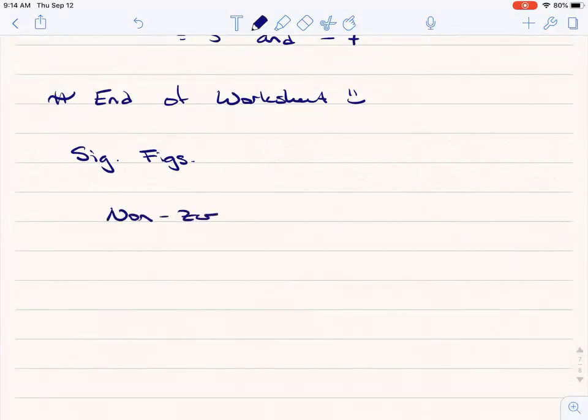Non-zero digits are significant. We agreed on that, right? What was the next thing? Captive zeros between non-zero digits are also significant, right? Still on board? Okay.